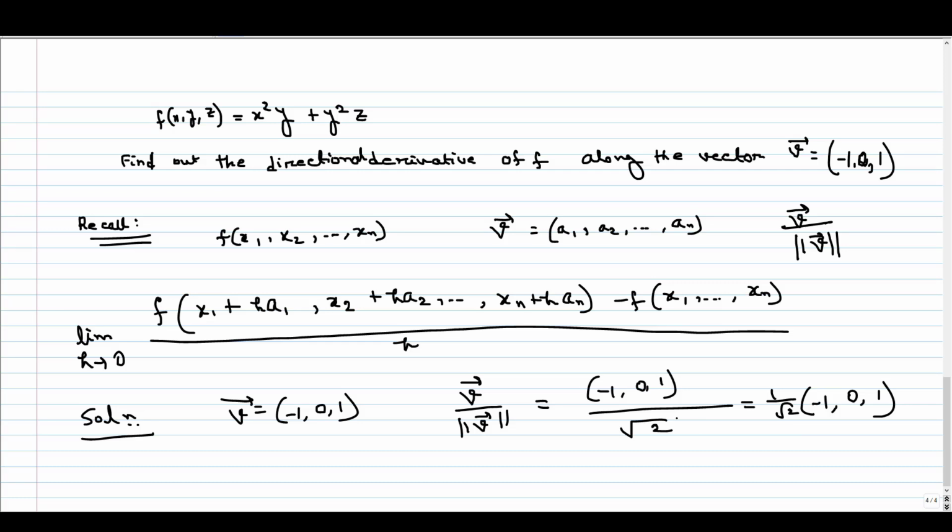Now what we have to do? We have to apply this definition. Our f(x,y,z) is given as x square y plus y square z, and the unit vector which we got here is 1 by root 2 times (-1, 0, 1). So now we apply the definition here.